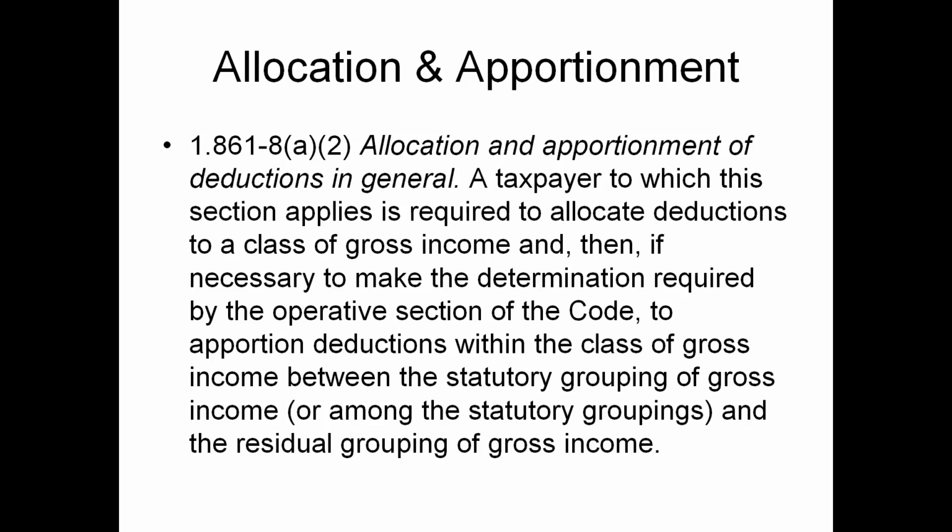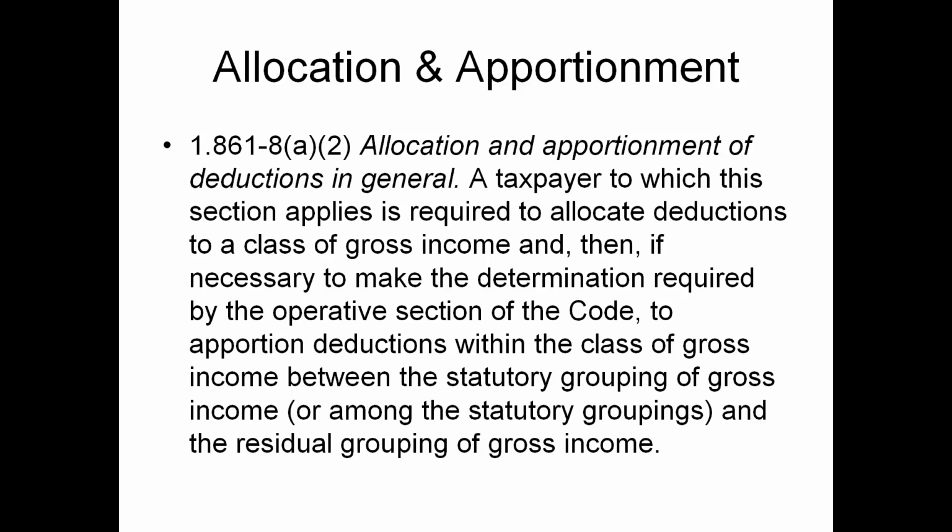First, allocate deductions to what they directly relate to, and then apportion any deduction that doesn't directly relate to something. Here it refers to the statutory grouping of gross income or among the statutory groupings. So let's use one that you may be familiar with outside the international area, domestic production activities income.